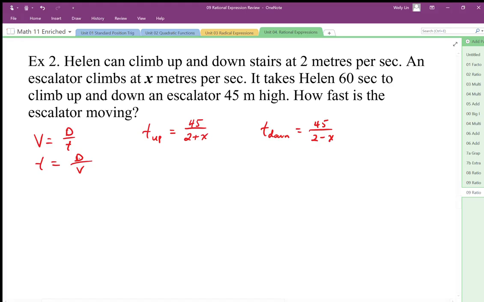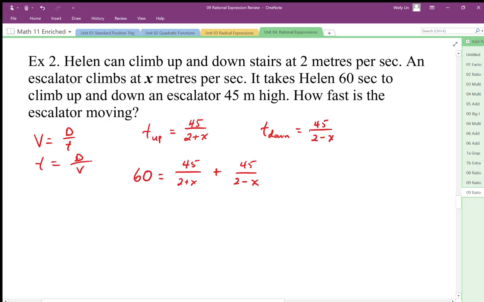So we now have expressions for time up and time down. We have the total time, so we're going to come up with our equation. So 60 seconds is equal to 45 over (2 plus x) meters per second plus 45 over (2 minus x) meters per second. There's our equation.